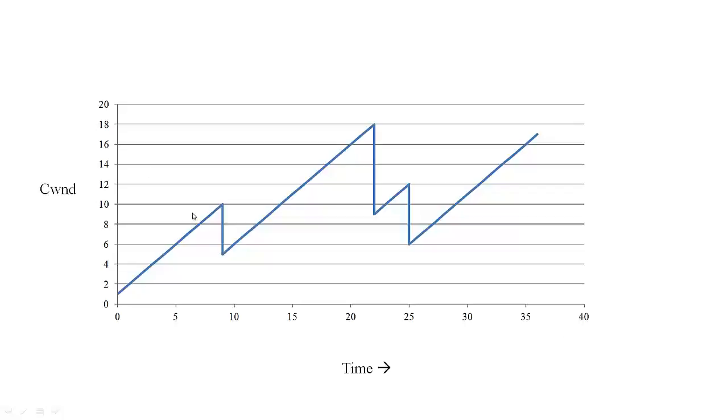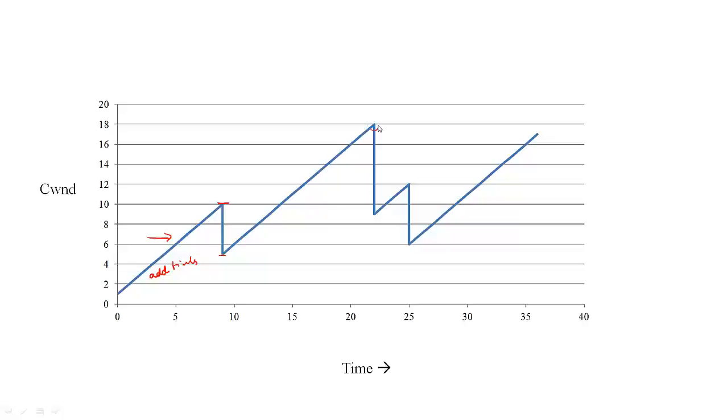So this congestion avoidance results in this sawtooth based behavior, where you increase the congestion window additively over time till you hit a point where you hit congestion, and there you cut it by half. So this is 10, so you cut it by half to 5, and again probe additively. So again it increases linearly and it will again hit congestion.